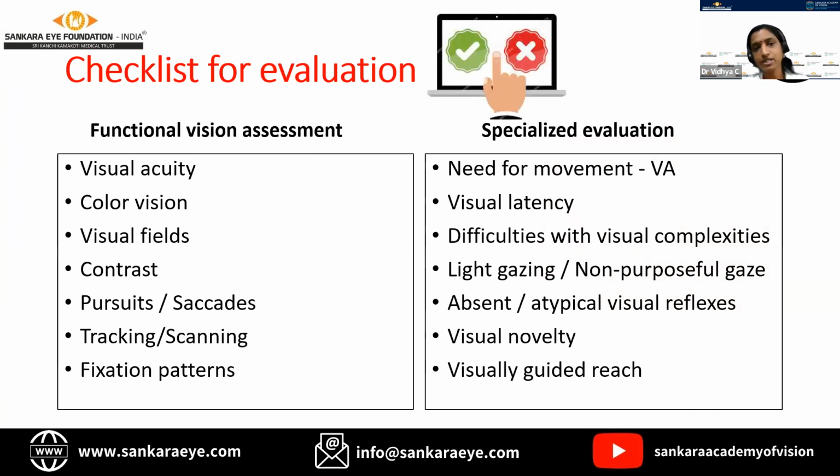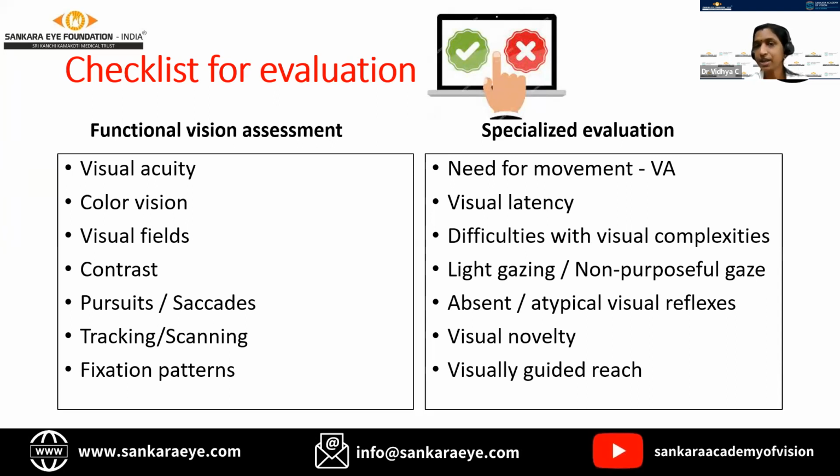Now, what is the checklist for evaluation? After going through all this evaluation process, we should have a checklist of what we should assess in these children. As we all know, the functional vision assessment includes visual acuity, color vision, visual fields, contrast, pursuits and saccades, tracking and scanning, and the fixation pattern.